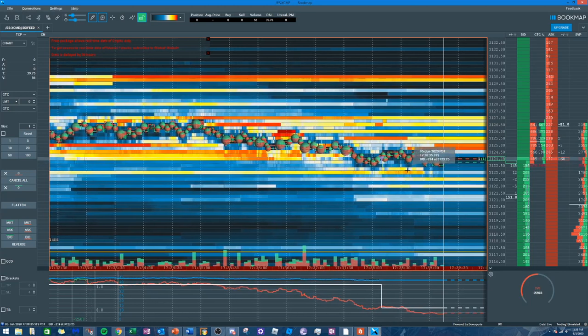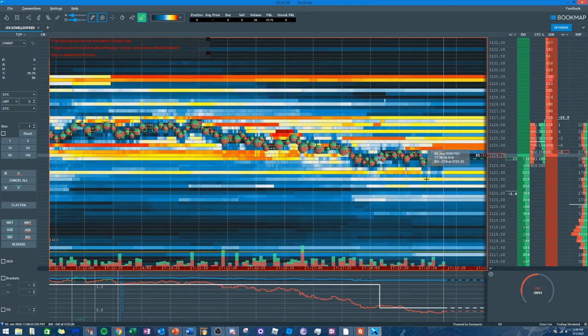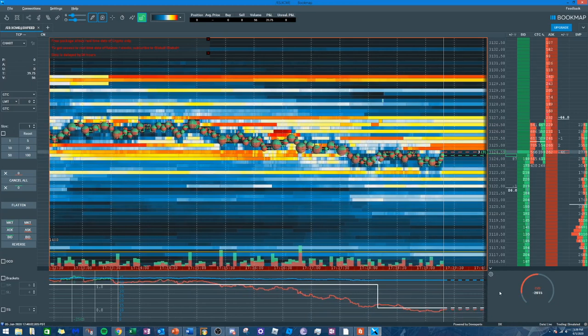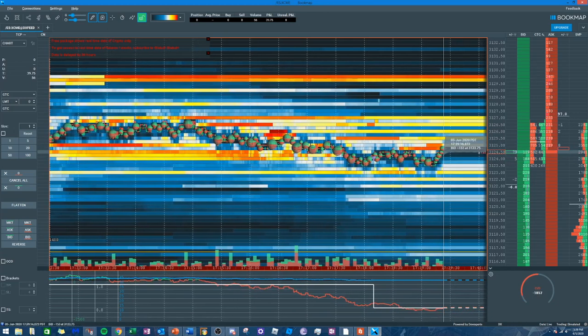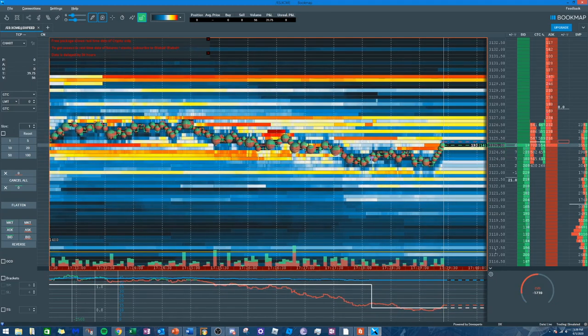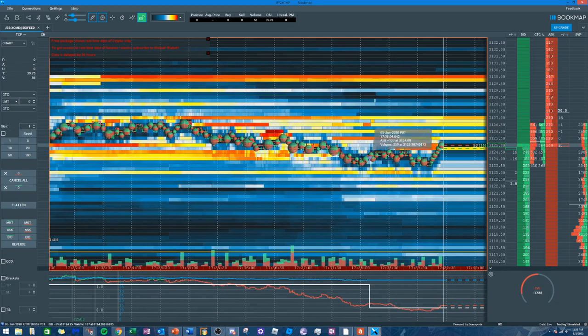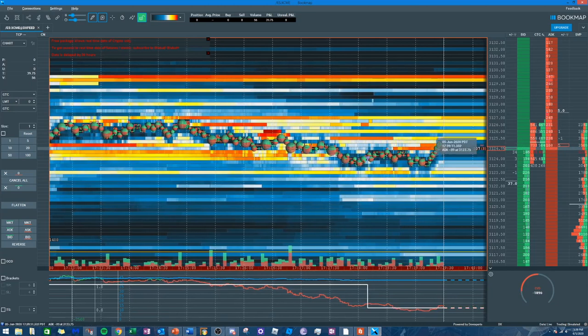You can see that this support area right here has started to disappear, although we didn't really get a lot of follow through, and now actually the longs are coming in. So this is kind of a failure, so to speak.